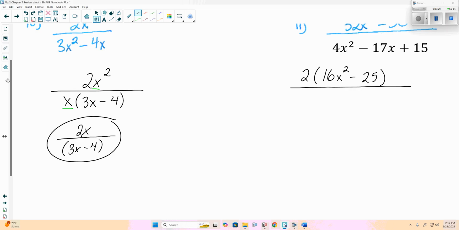Now, factoring the 2 out does give us something that's kind of nice, because 16x squared minus 25 is a difference of perfect squares, because we do have two terms being subtracted. What times itself is 16? 4, so we'd have 4x and 4x. What times itself is 25? So we do have 5 and 5.